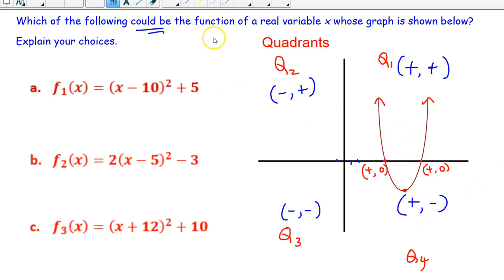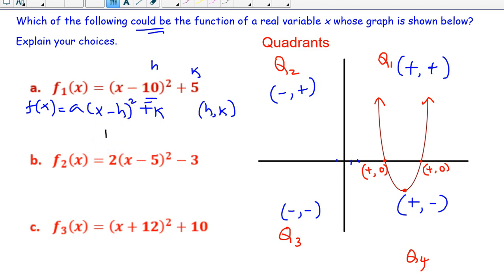Now look for those. In the first one, you know this is h. In the vertex form you have h, and that is k. And it is f of x is equal to a times x minus h whole square plus k, where h comma k is the vertex. Okay, now h is how much here? That is 10.